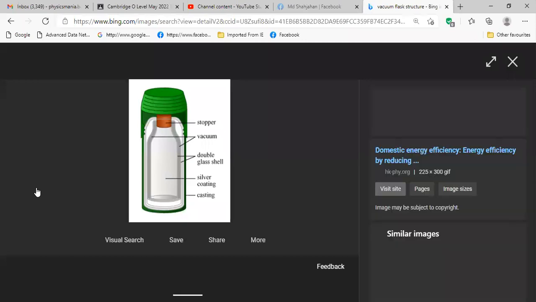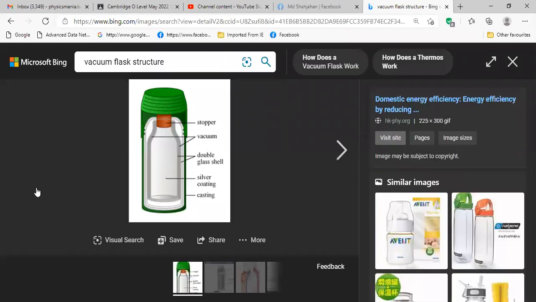Okay, so look here. We have a very simple one here. You have this vacuum flask in your house, right? All of you, and especially during this winter, we are using it to drink. In our house, we use it during the winter for taking warm water, and sometimes to make tea, right?